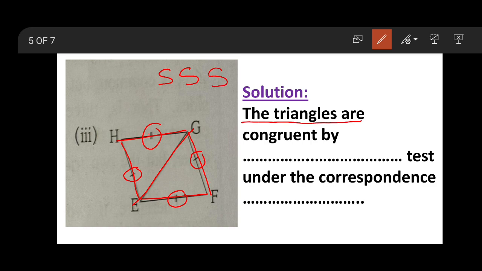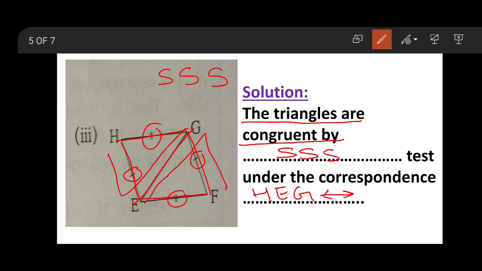The triangles are congruent by SSS test, means side side side test, under the correspondence. Again write the correspondence. How will you write? You will start from HEG. So HEG corresponds with FGE. So FGE.